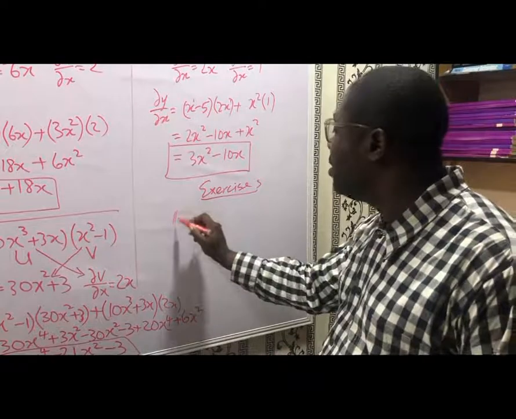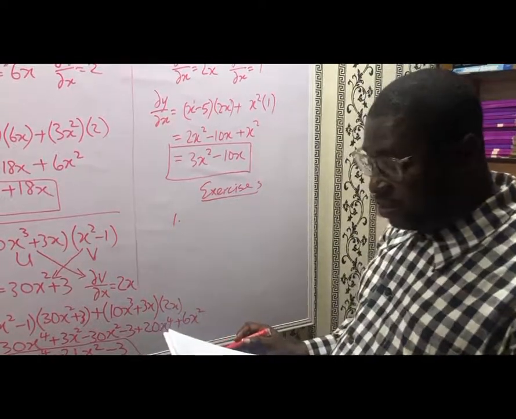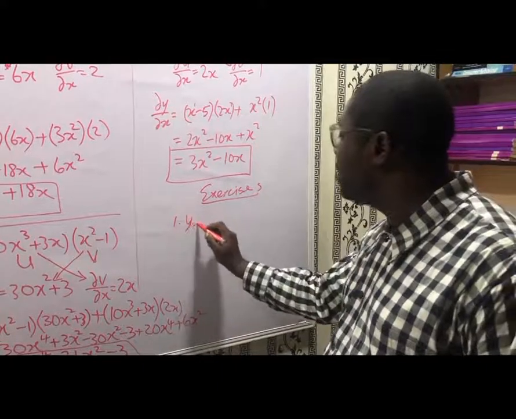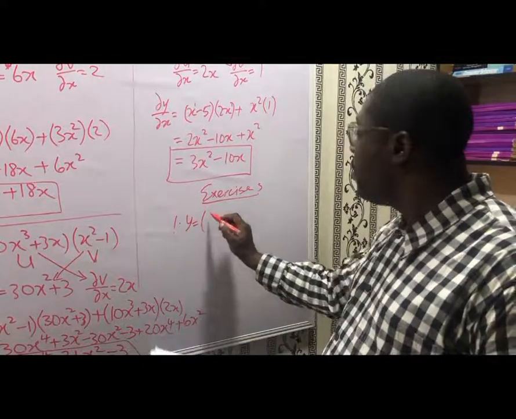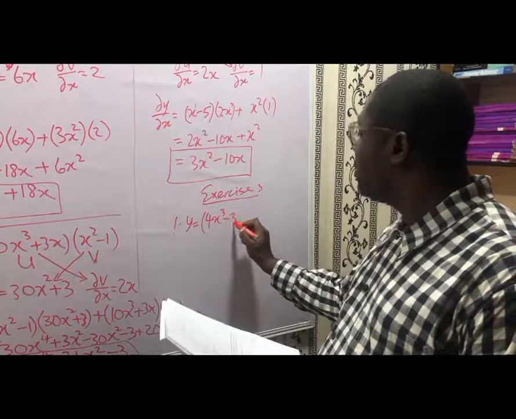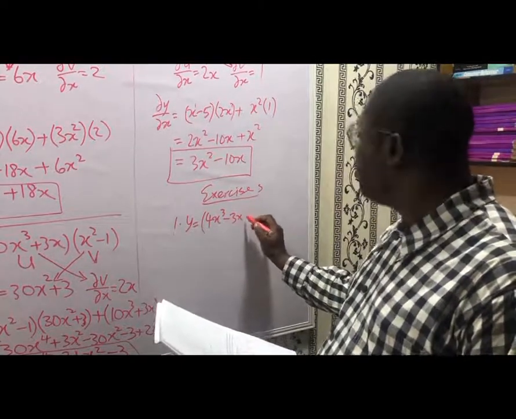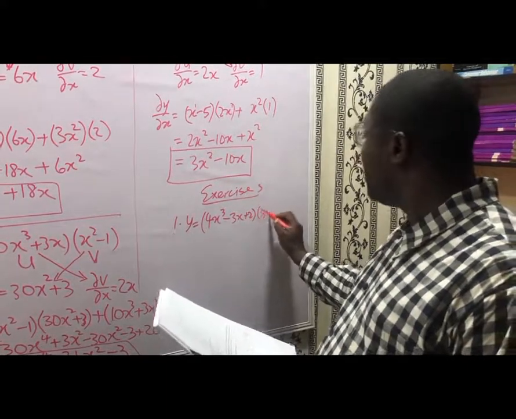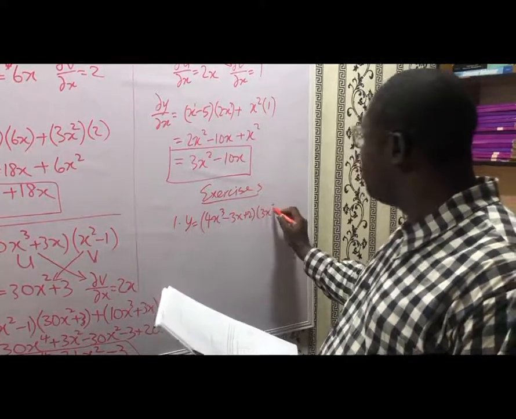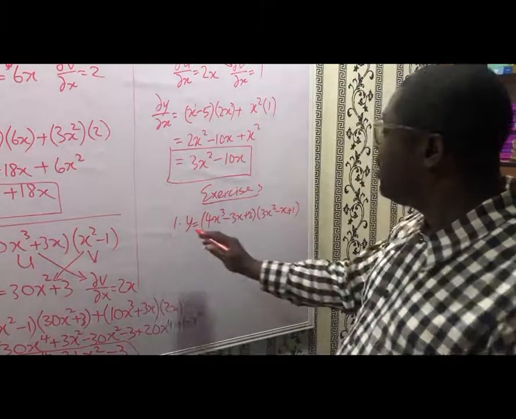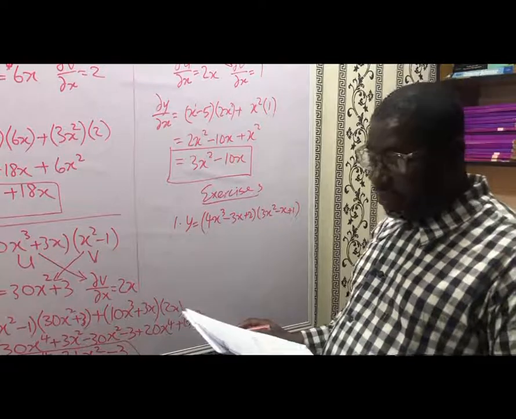Let me leave you with one exercise to deal with, and the exercise I have is y is equal to 4x raised to power 3 minus 3x plus 2 times 3x raised to power 2 minus x plus 1. So this is a question I have for you to deal with.